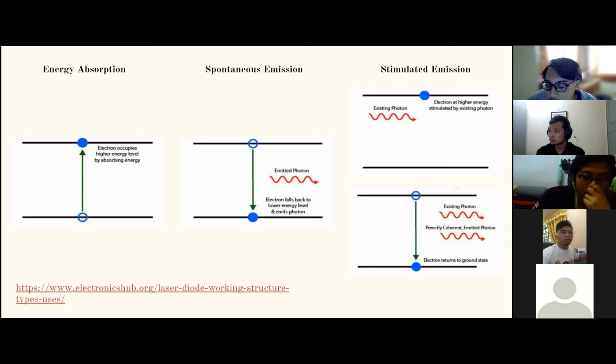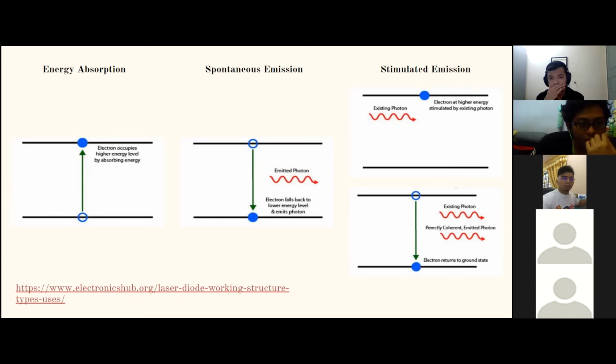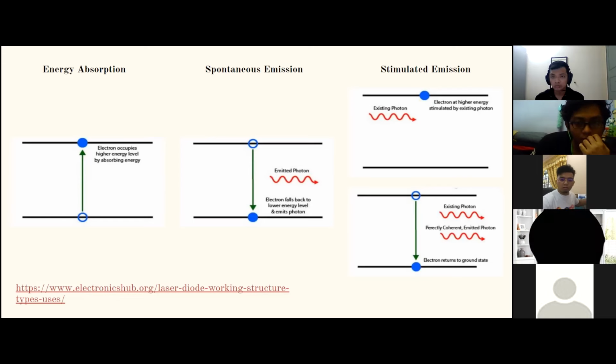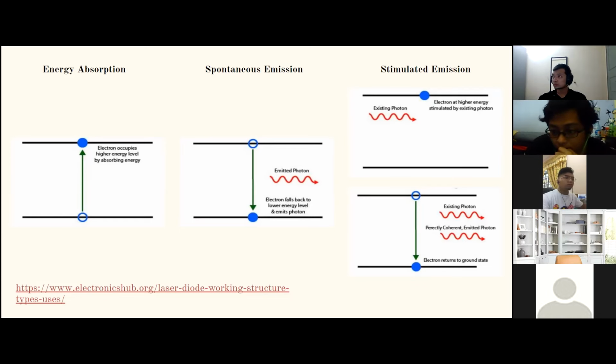This is one of the characteristics of laser light: it is perfectly coherent, not like LED light. Coherent means that the wavelength of the photons is in phase. As we can see here, the waves are in phase, so they are coherent with each other.